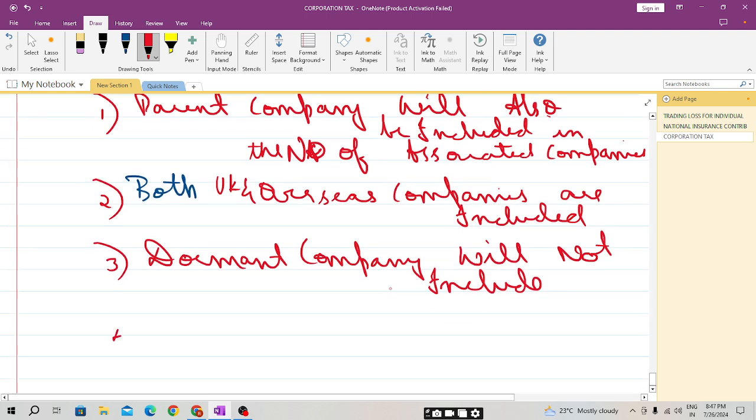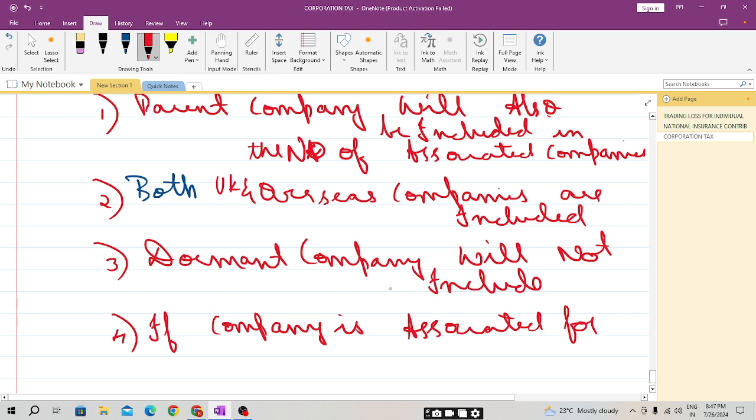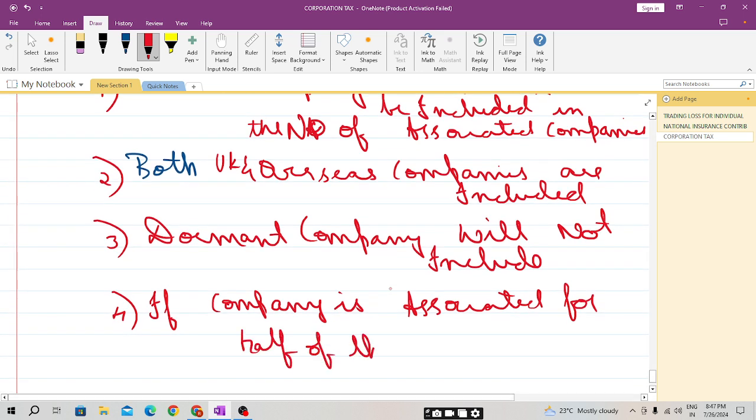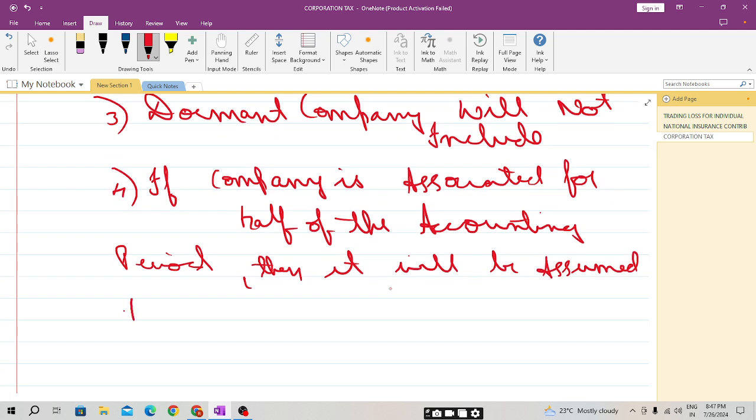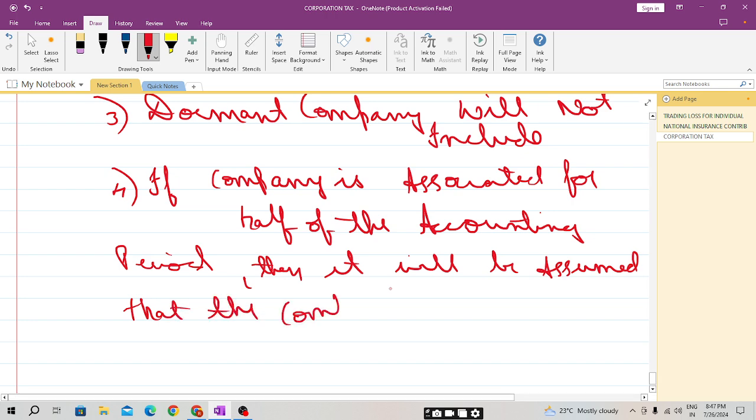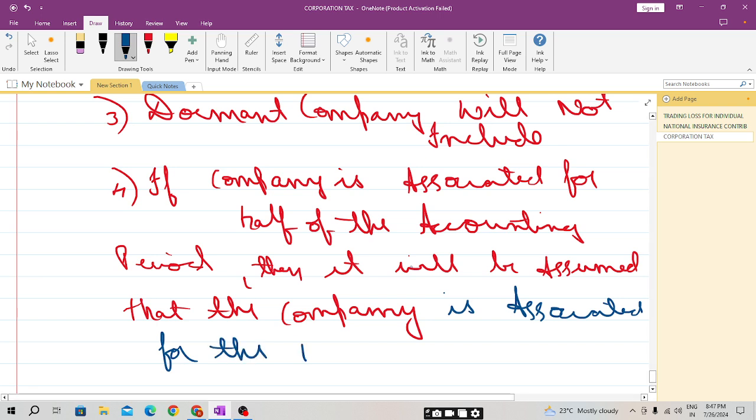And students, we have seen a fourth point, that is, if a company is associated for part of the accounting period, then it will be assumed that the company is associated for the whole accounting period. I hope this is clear, students.